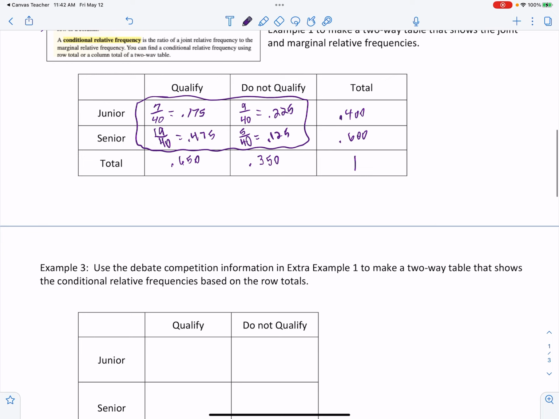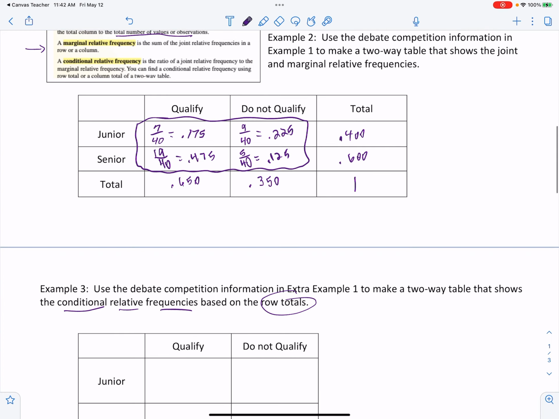All right, and then down below, we're going to be looking at a conditional relative frequency. And conditional is like we've had the probability of B given that A has happened. Under the condition that A has happened, it's like that. They are going to tell you based on row totals or column totals. And so we're going to do row totals. We're going to have to use this chart above.